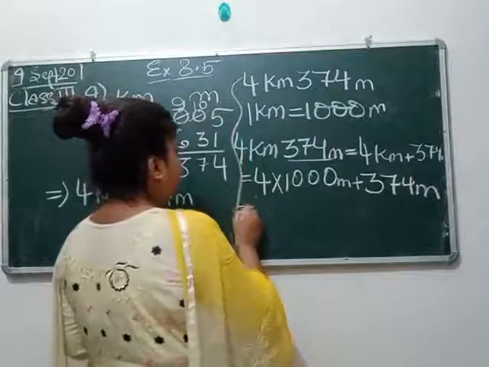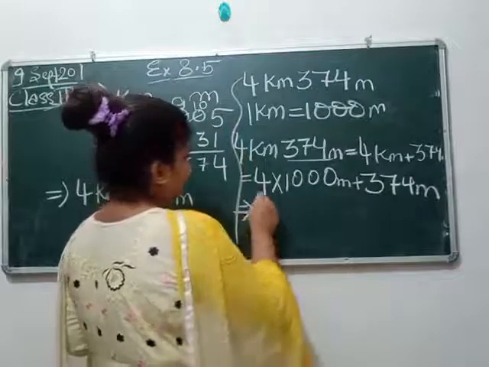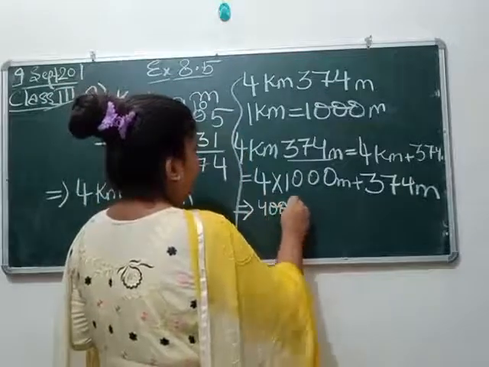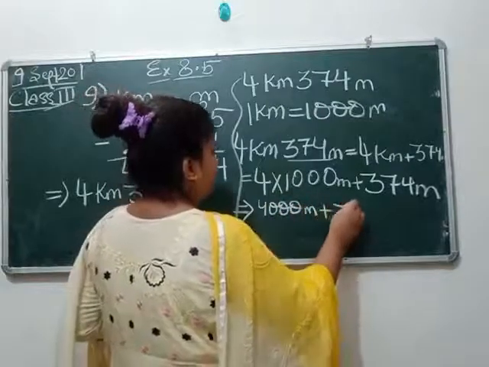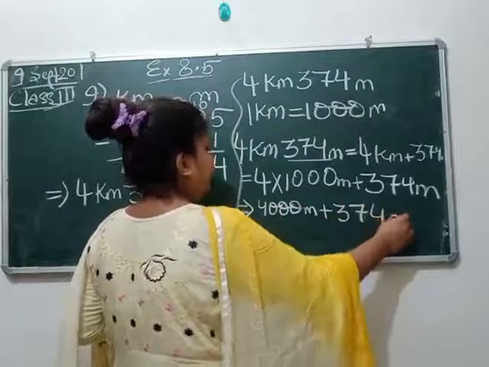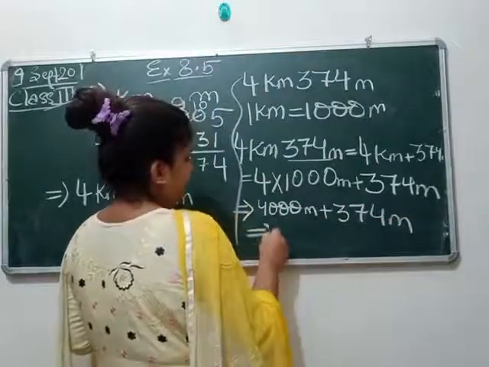So together they will form 4000 meter plus 374 meter.